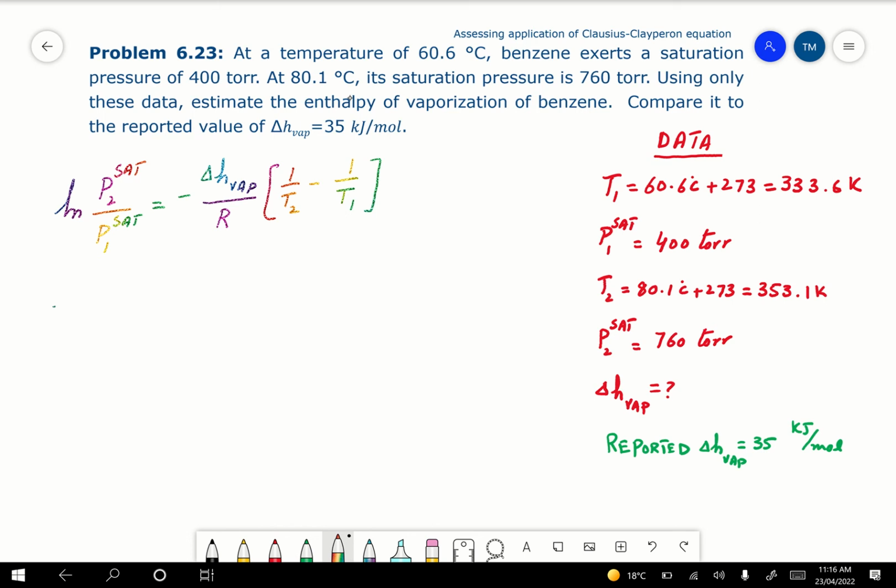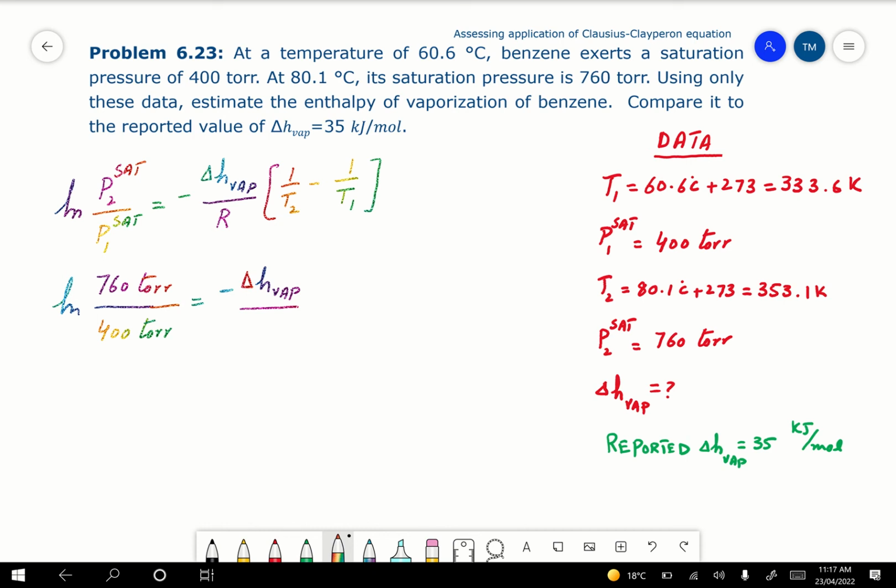So ln of P2 sat is 760 torr, P1 sat is 400 torr, is equal to minus heat of vaporization. That's what we need to calculate.